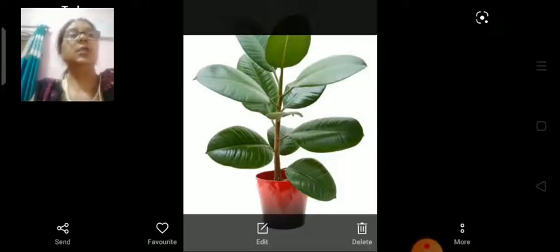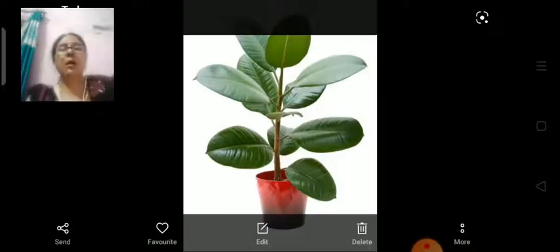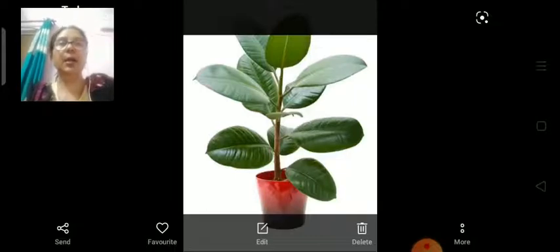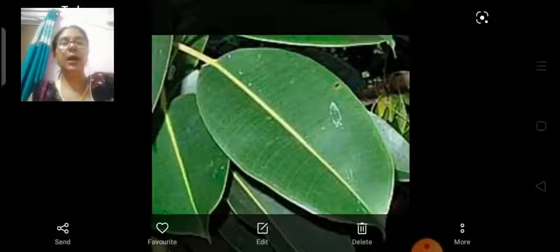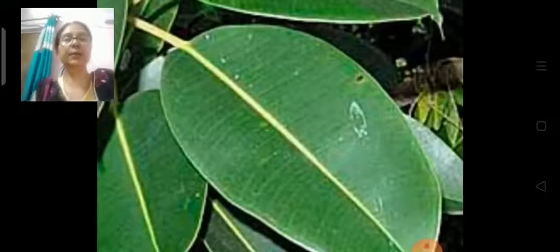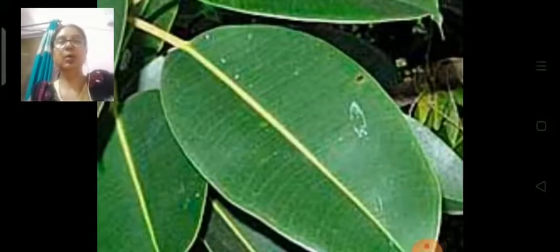Okay children, so now we are moving to the details of this rubber plant. The India rubber plant has large thick leaves. Here you can see, large thick leaves. You can see here I am showing you. The India rubber plant has large thick oblong leaves up to 30 centimeters, or you can say 12 inches, long and fig-like fruit in pairs along the branches.